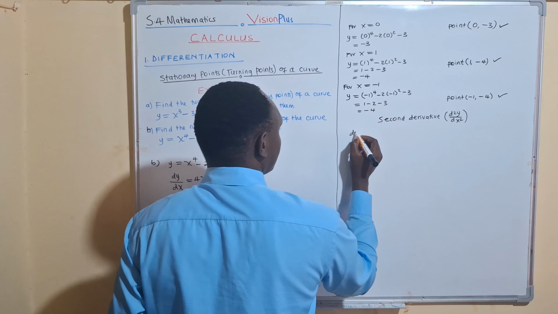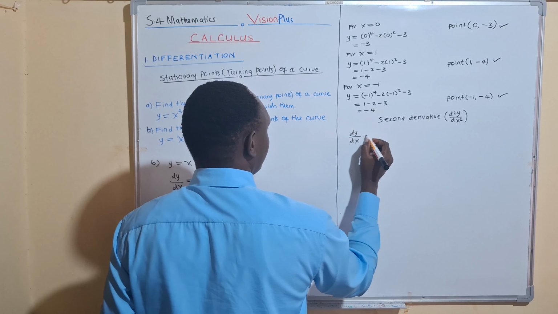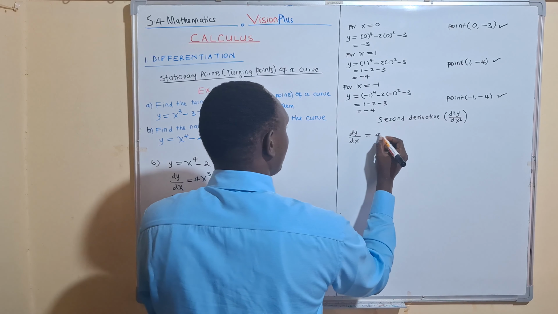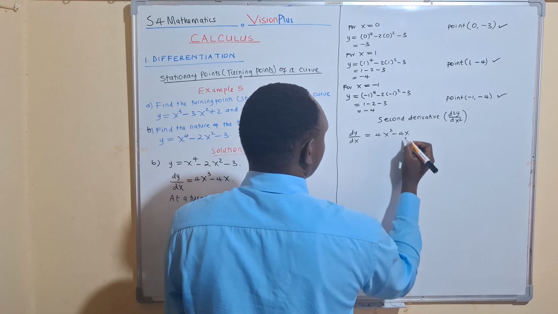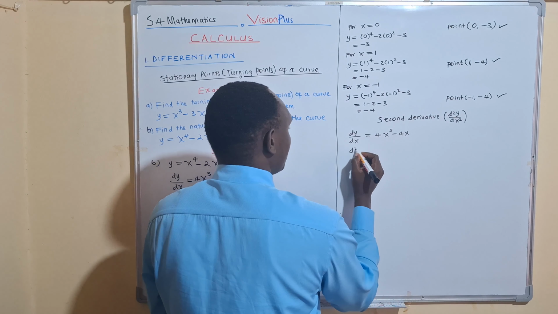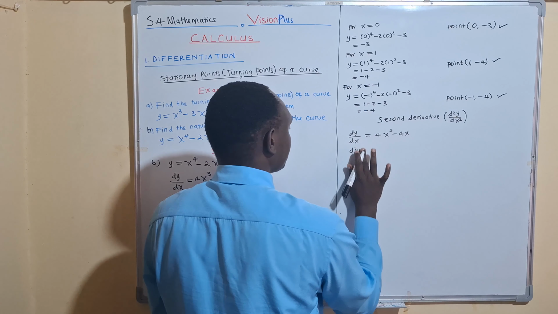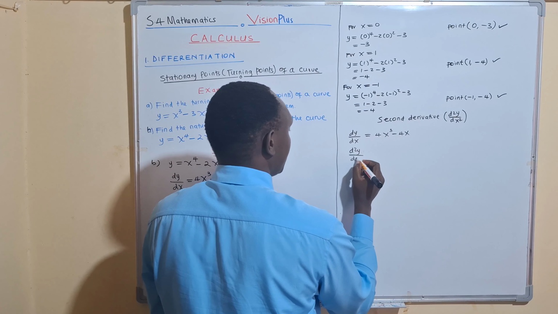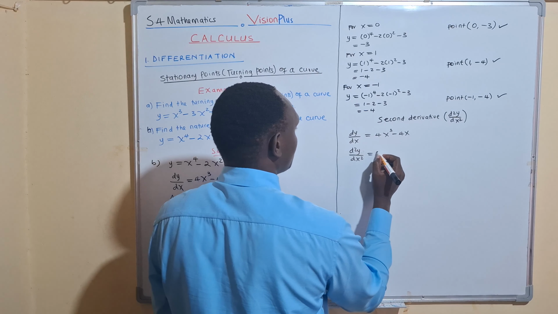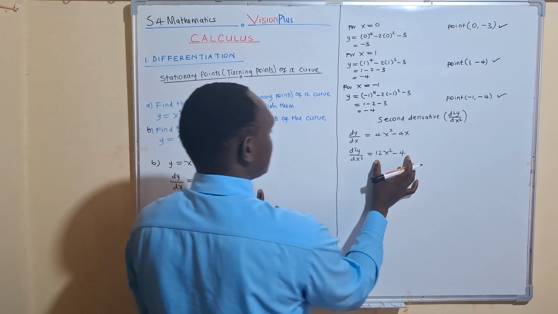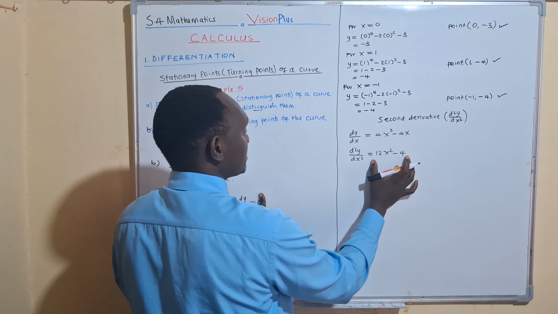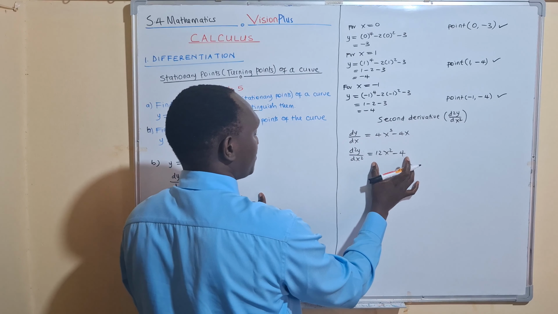So we differentiate the gradient function dy/dx, which is 4x cubed minus 4x. On differentiating, d squared y over dx squared becomes 12x squared minus 4. This is the second derivative function of the curve.